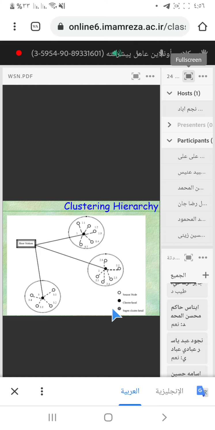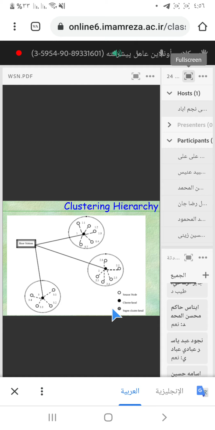The base station can be called the super cluster head. Sometimes the super cluster head can be a usual node, and after that, again, some super cluster heads can be grouped in one cluster, and again send the information to the base station.